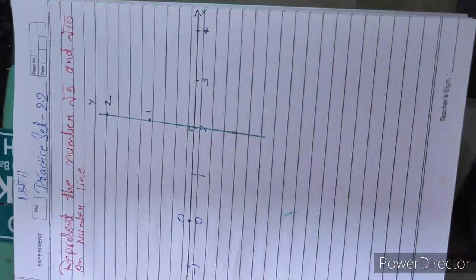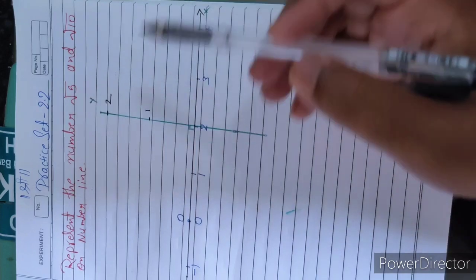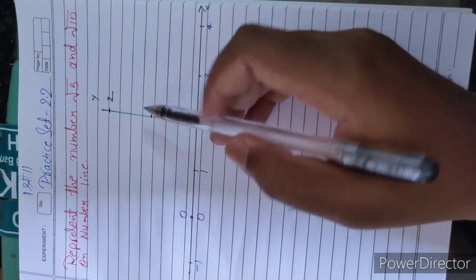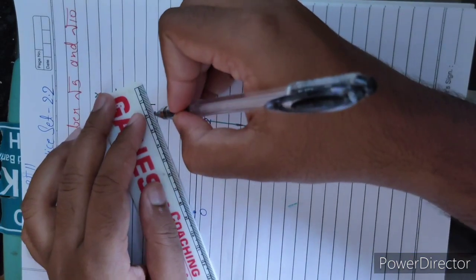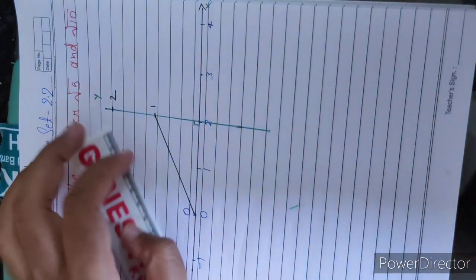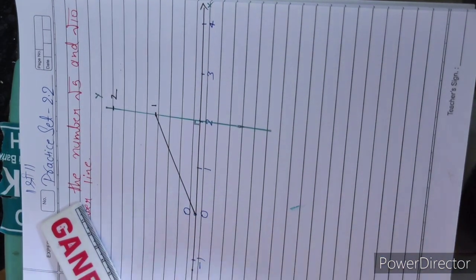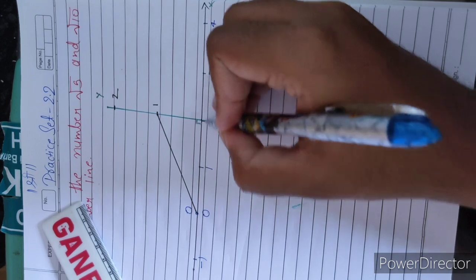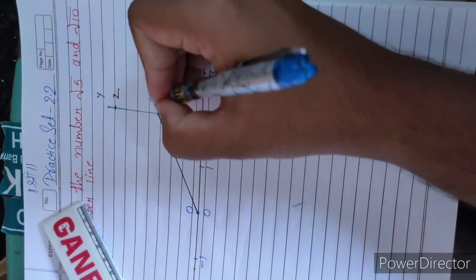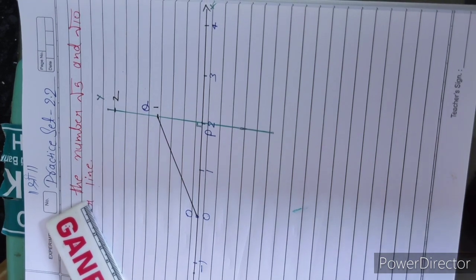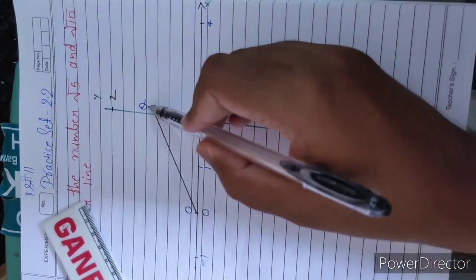Here we know that root 5 comes with the help of 2 and 1. So we join these points and make a triangle. We name this point O, this point P, and this point Q. Now we are getting the triangle OPQ.